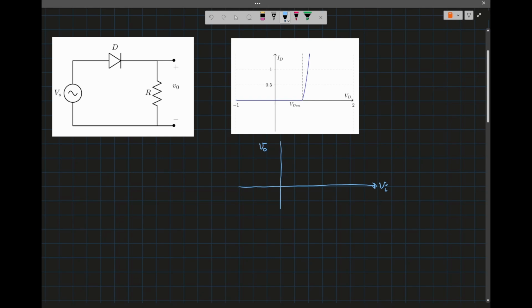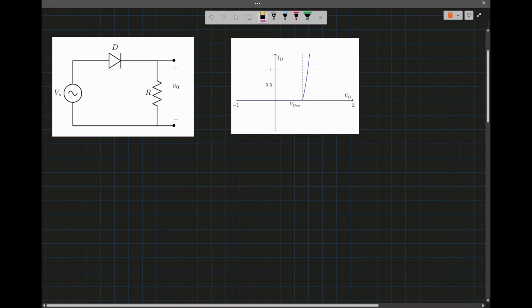So what we are going to do first is to find the output voltage, and then with the expression that we obtained for the output voltage, we'll be able to sketch the transfer characteristic, which is the output plot versus the input voltage.